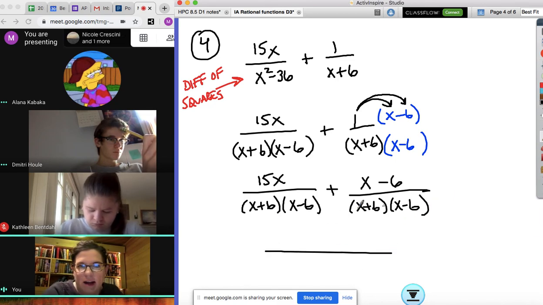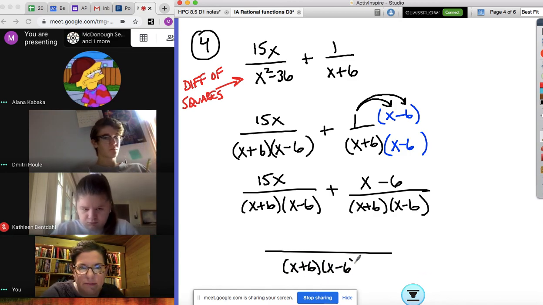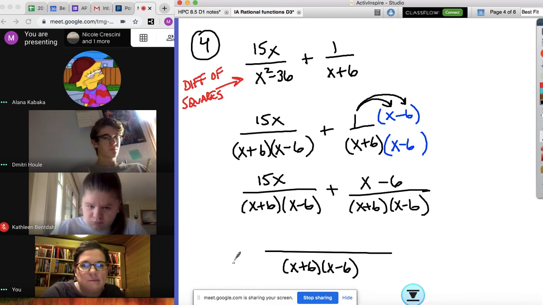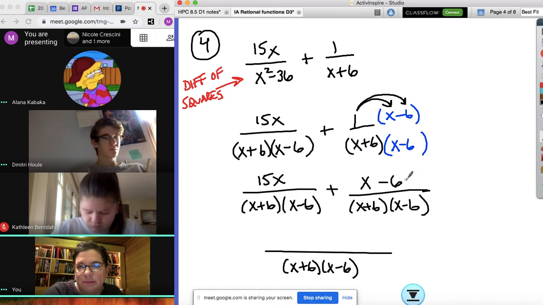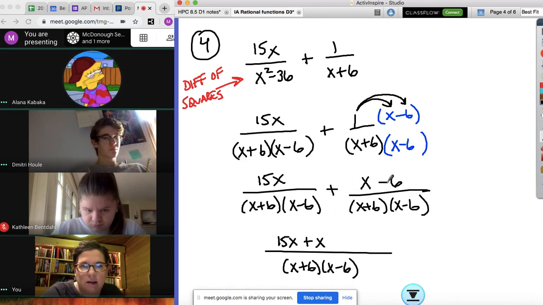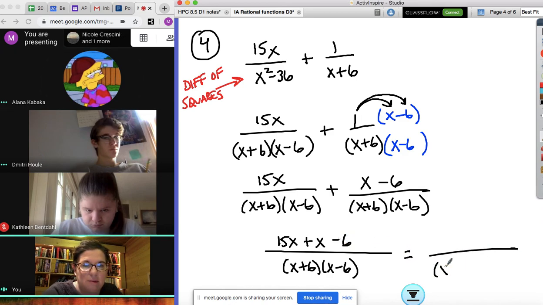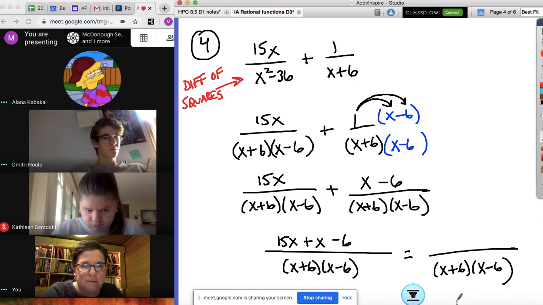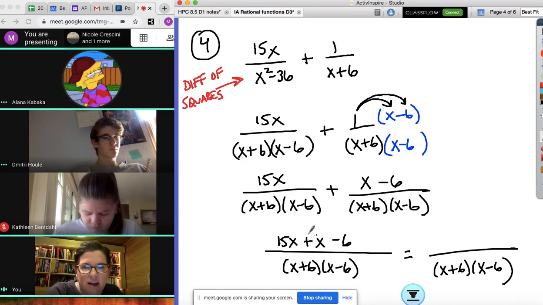I'm ready to add them up because I've got common denominators. That will be the denominator. And so now we add the tops. So I have 15x, and then I've got plus x, and I got a minus 6. Now that does simplify a little bit on the top, because you've got common terms here.